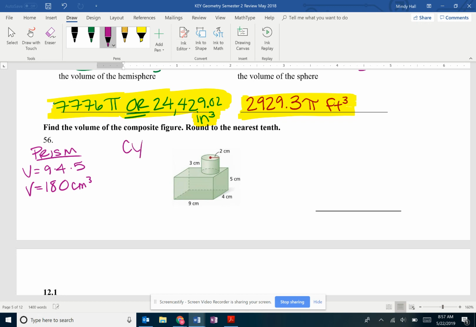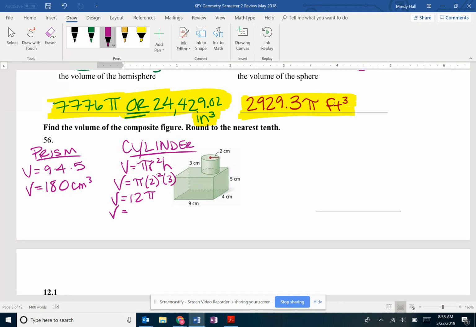And then for the cylinder, it's going to be volume equals pi r squared h because it's base area times height. So that would be pi 2 squared times 3. So that would be 12 pi, which is also equal, let's see, 12 times pi.